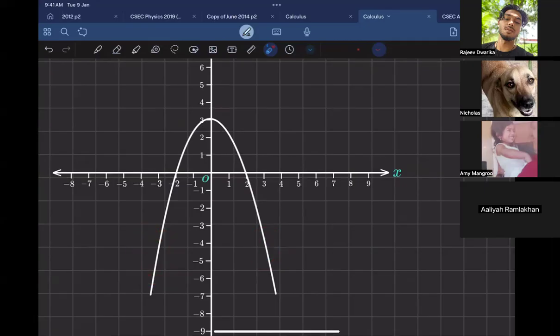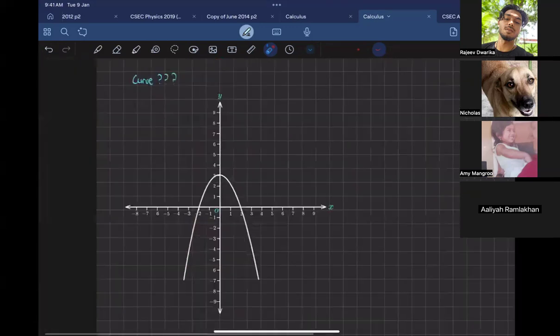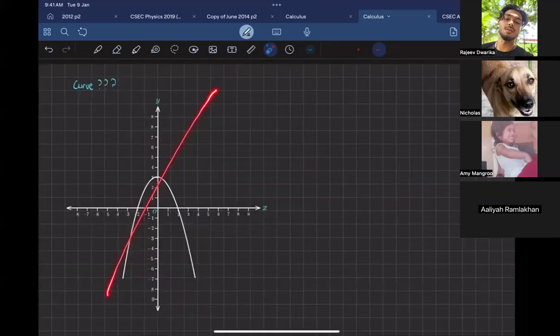You'd strain the engine to go up, and the car would just fly down. The gradient has to be different. This is a what kind of gradient? Positive. If the gradient is going in this direction, positive or negative?